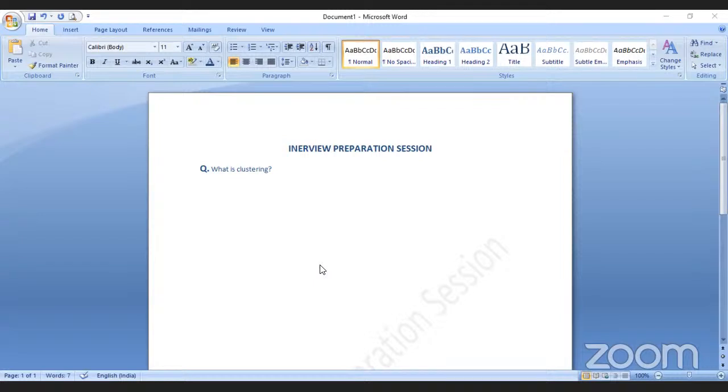Why? Because here we segment the data into different homogeneous groups. This is also an exploratory method, and in it we find homogeneous groups of different records. So that is clustering.